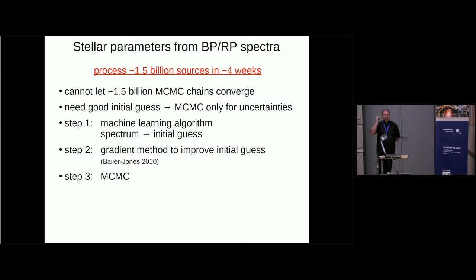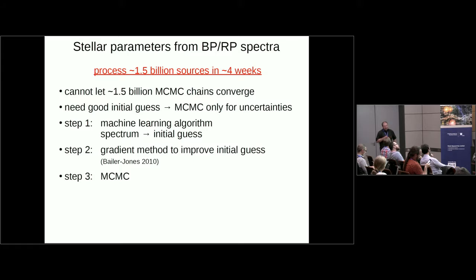Just one shot: you feed in the spectrum, you get out the parameters. Then in the second step, we improve this initial guess using some gradient method. And then finally, we run our MCMC, keeping our fingers crossed that the initial guess is good enough, which will be subject to the validation of the results in preparation of the data release.